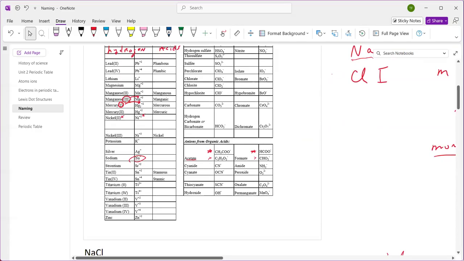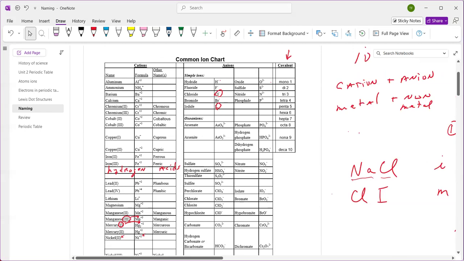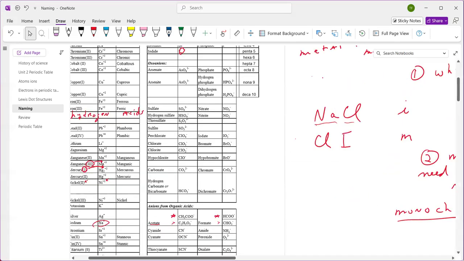Okay, so cation, and what about chloride? Is it on the right? Okay, so it fulfills the definition of ionic. So now we use the ionic naming convention, which is not the same as the covalent convention. That's why we have to know which one you're dealing with.